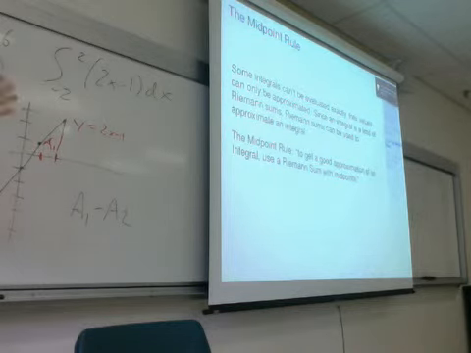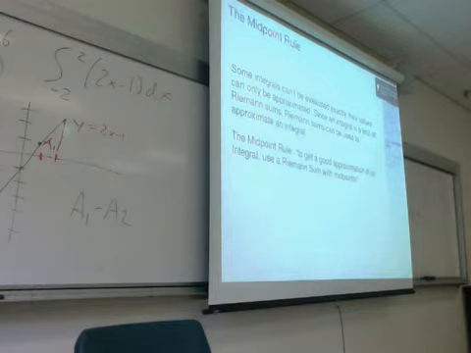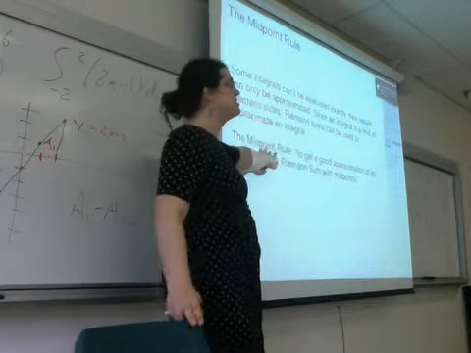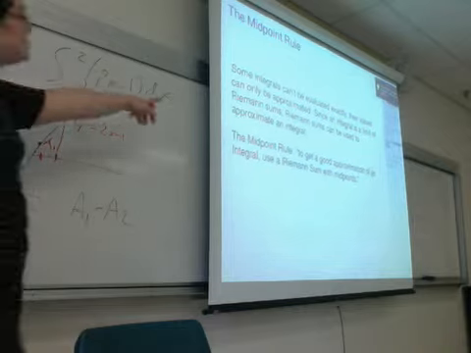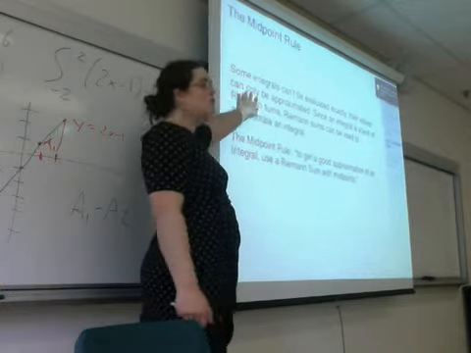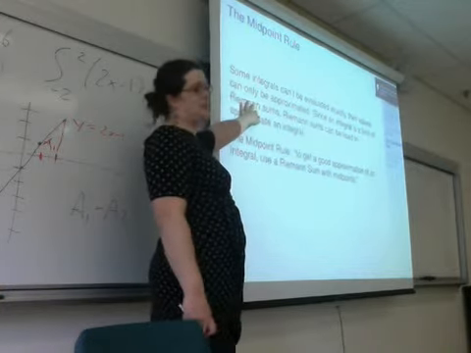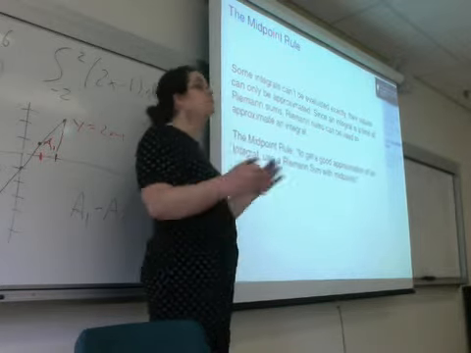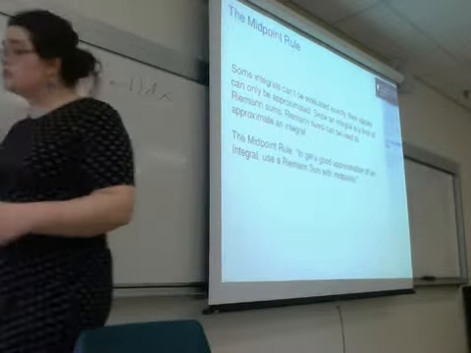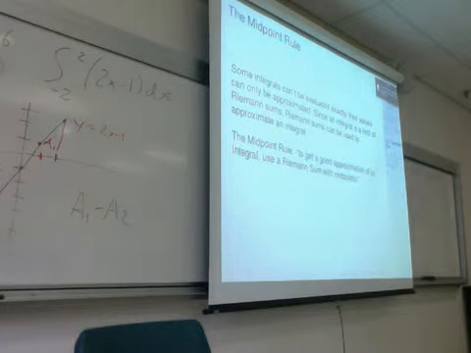So if you ever see "use the midpoint rule to do this," think about it as saying use rectangles with midpoints to do this. Right? The midpoint rule is just saying using rectangles with midpoints. And again, a Riemann sum is just a fancy word for that method that we did in section 5.1 where we estimated areas of rectangles. If you see the word Riemann sum, that's also another indication you should be using those rectangles.